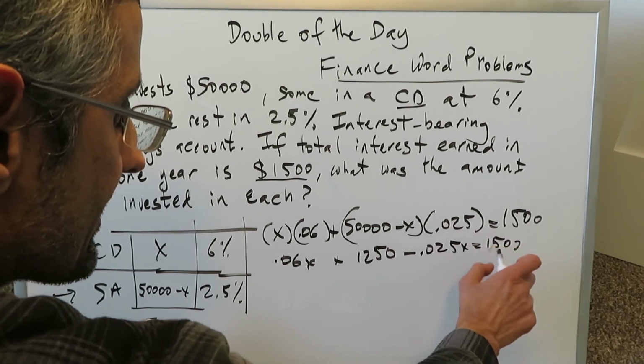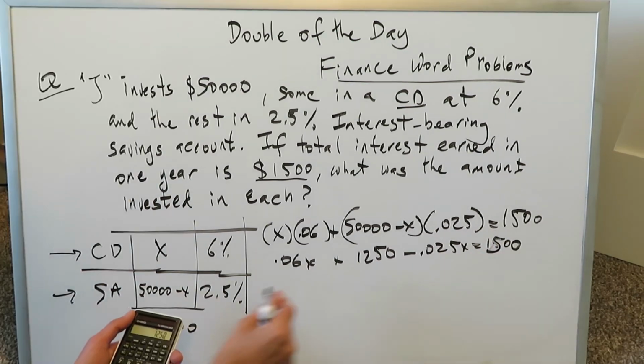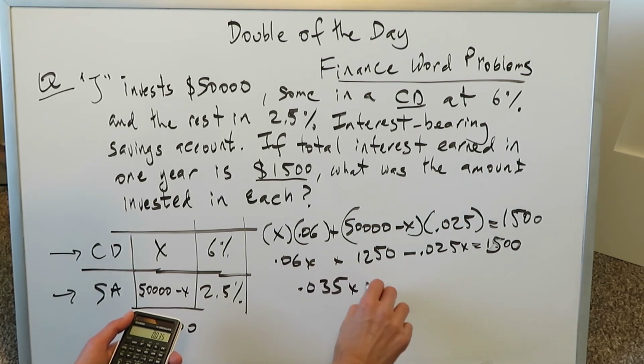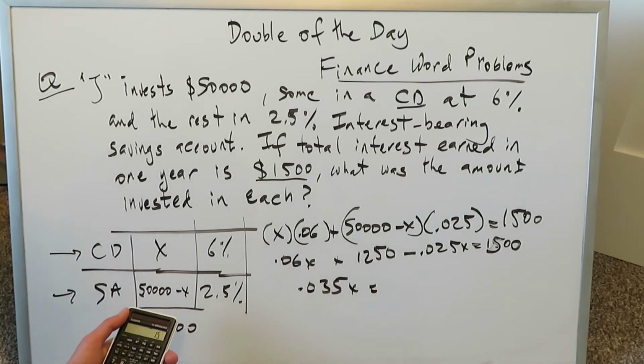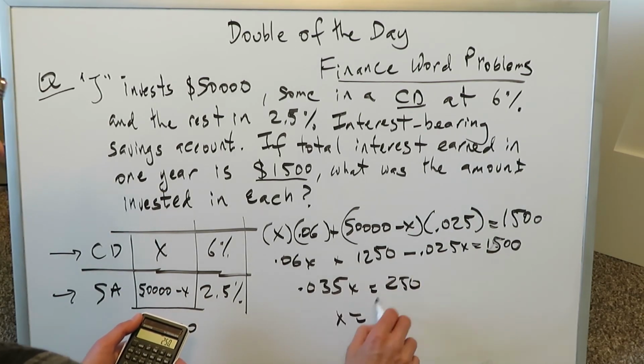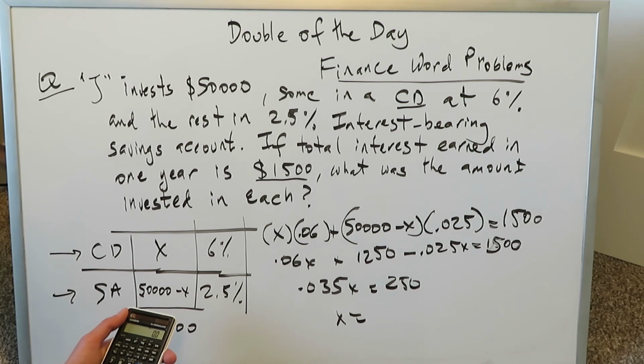All you gotta do here is just solve for x. Bring the x's together, 0.035x is equal to 1500 minus 1250. That's 250. And then x is equal to 250 divided by 0.035.